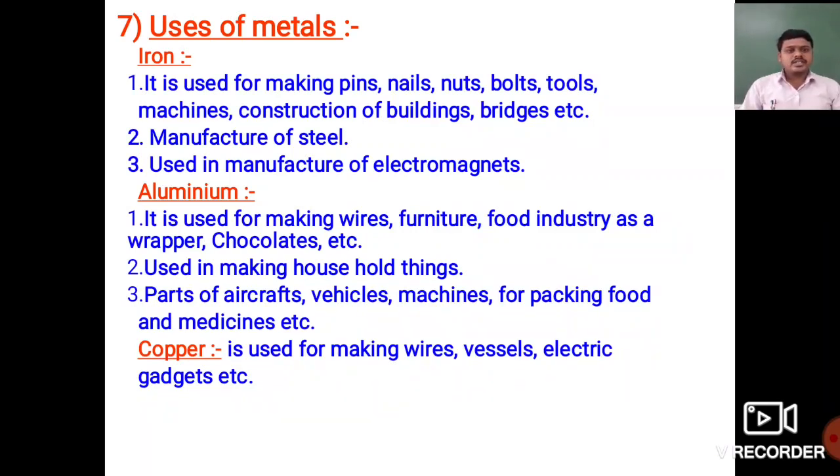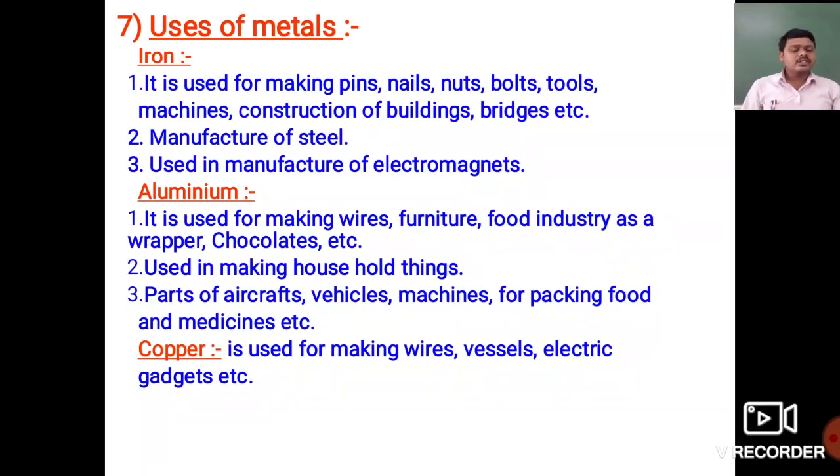Iron is used for making pins, nails, nuts, bolts and tools, materials, machineries, construction of buildings and construction of bridges. Iron is very essential for the manufacturing of nuts, nails, bolts and other tools.